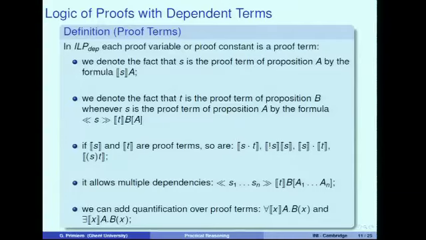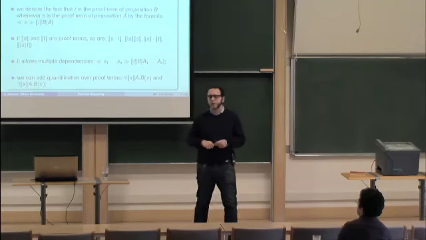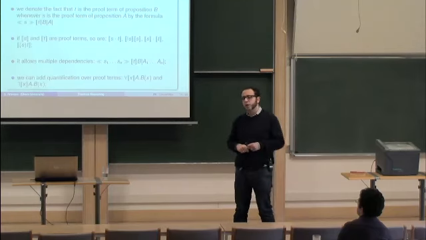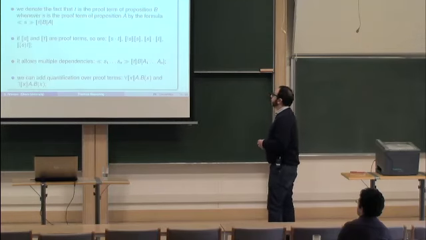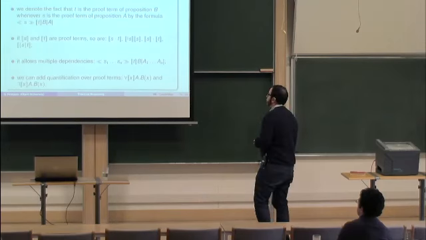So we can extend to multiple dependent terms, and we can use this to add quantification over proof terms. So we will also get expressions of this form. Once this object is introduced, this extension is pretty natural, whereas in the standard case of the logic of proofs, the extension to quantification of formulas is a bit ad hoc, and it requires a much stronger apparatus.